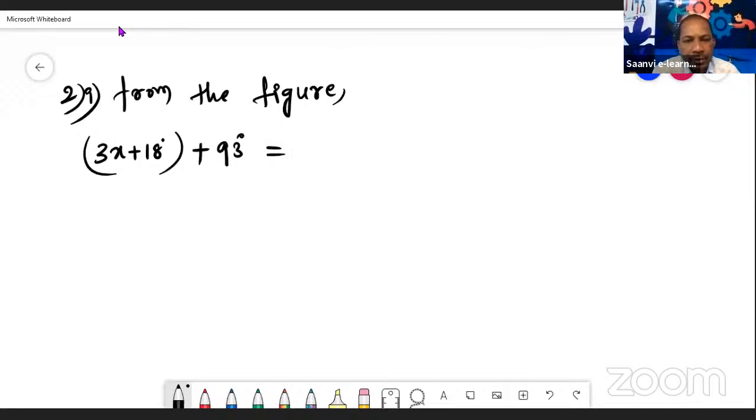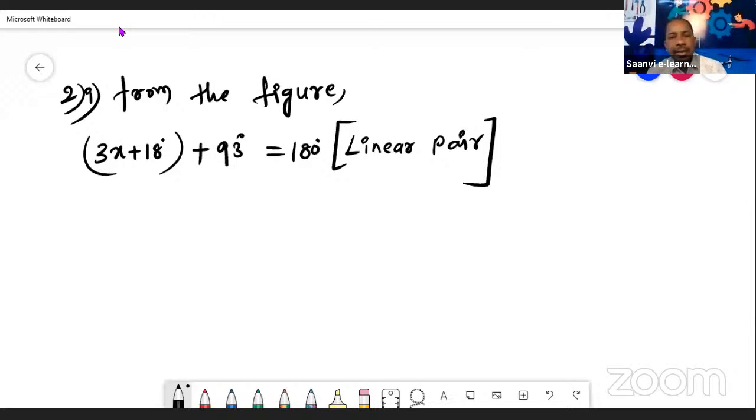They are a linear pair of angles, so their sum is equal to 180 degrees. Why are we taking their sum as 180 degrees? Because they are a linear pair of angles, so the sum of the two adjacent angles is equal to 180 degrees. Now find out the x value.